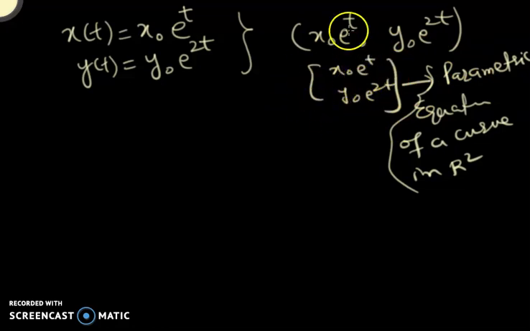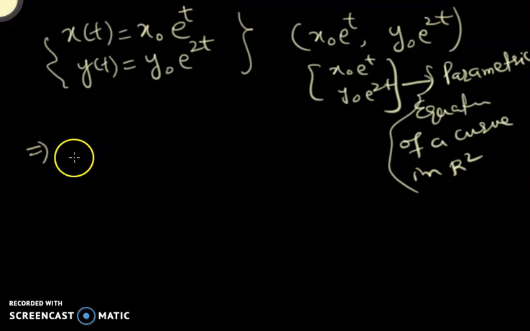We also know that if we are given parametric curves, then we can try to obtain the curve y in terms of x. For that, we take the value of t from one equation and put it into the other, or we eliminate t from both of these equations.